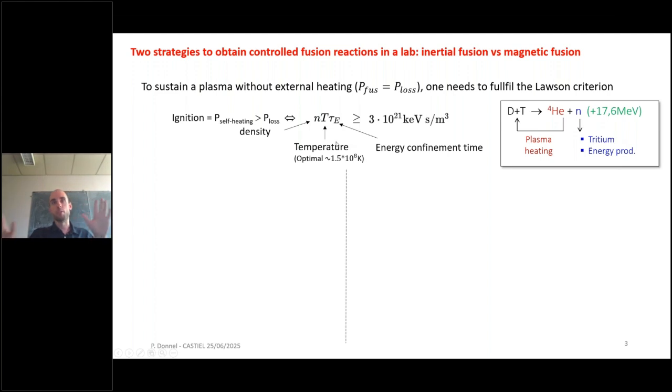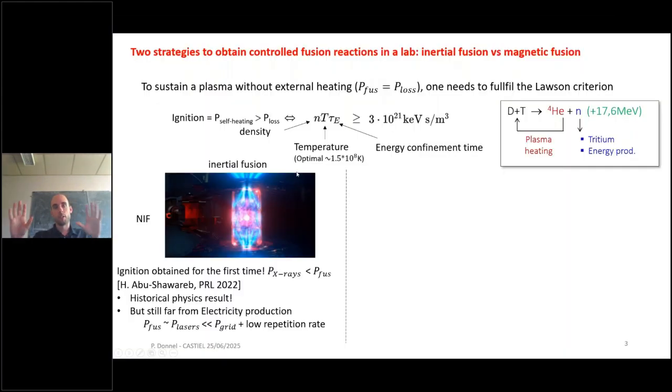So in every lab where we want to perform fusion, this is more or less the target temperature. And so you have two strategies to fulfill this criterion. Either you try to increase the density or the energy confinement time. And this leads to two strategies.